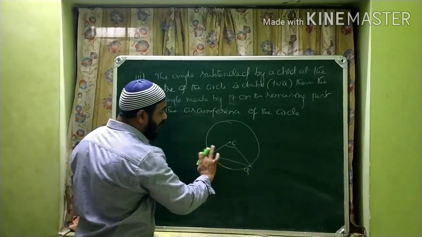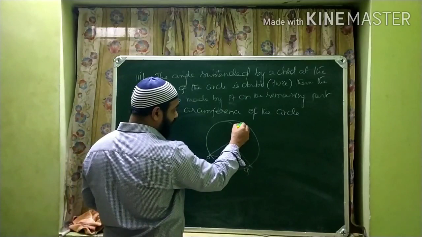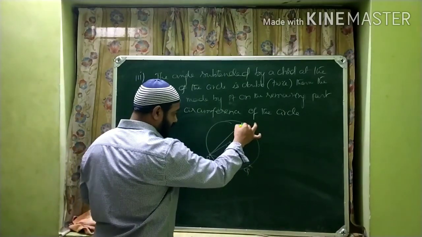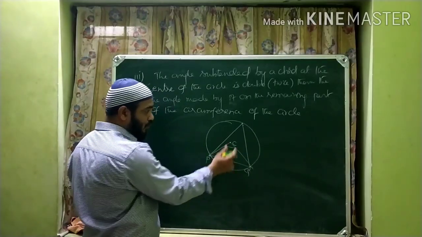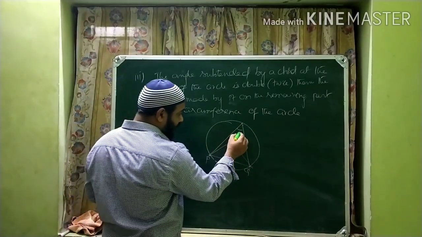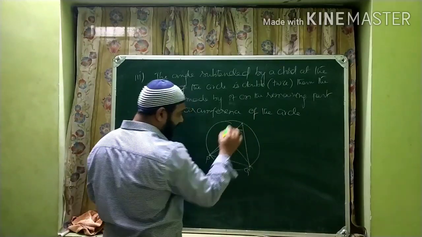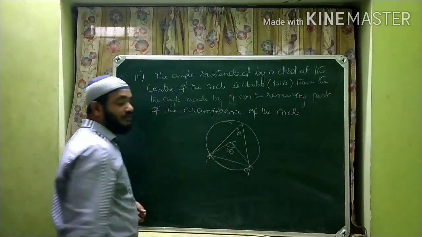This is the minor arc and this is the major arc. For example, if you take this here, this is the angle made by the similar arc PQ. So if we take a theta angle here, then it will be doubled here, 2 theta.